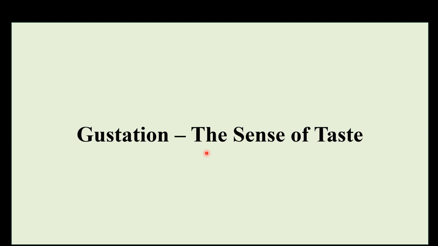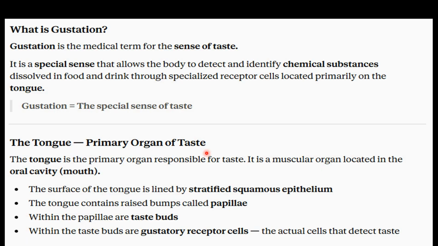Alright, so let's see what is gustation and how it works. Definition wise, it's very simple: gustation is the medical term for the sense of taste. Whenever you want to denote the sense of taste, you will use one terminology, and that terminology is known as gustation.